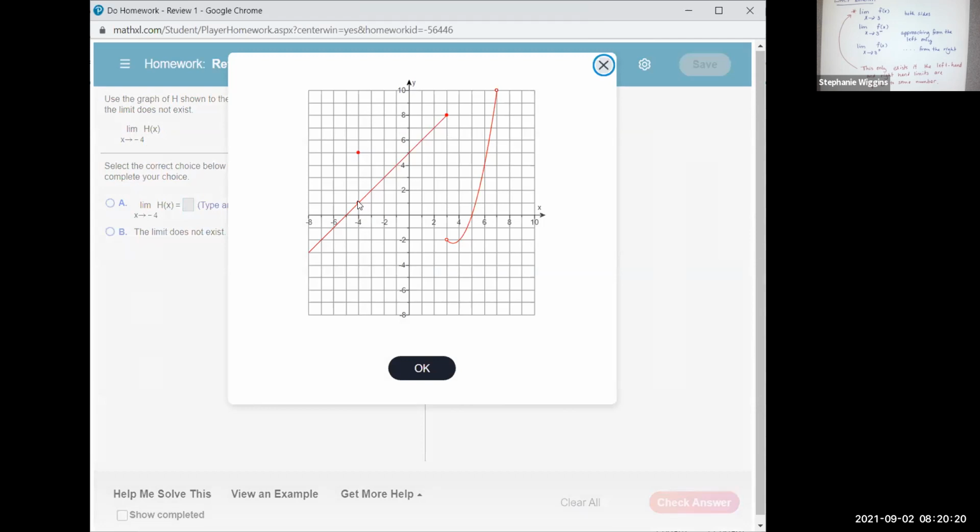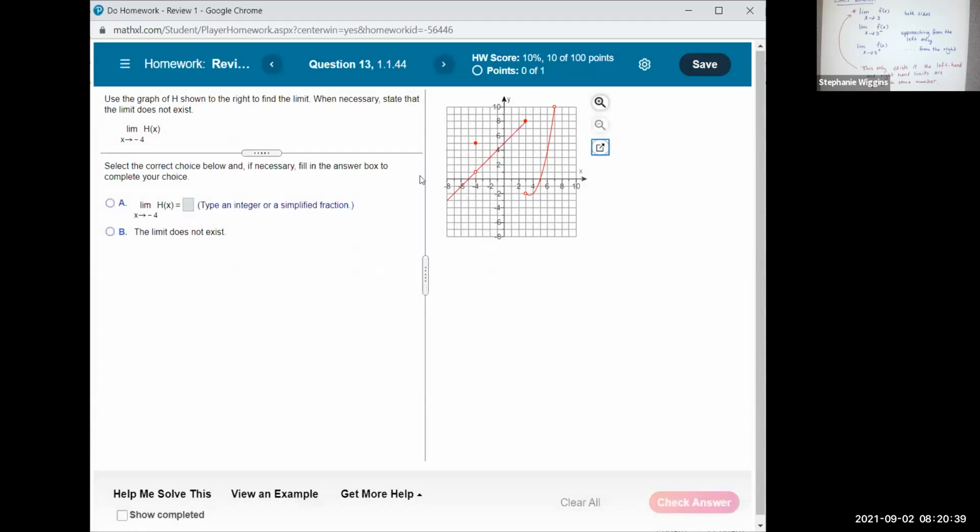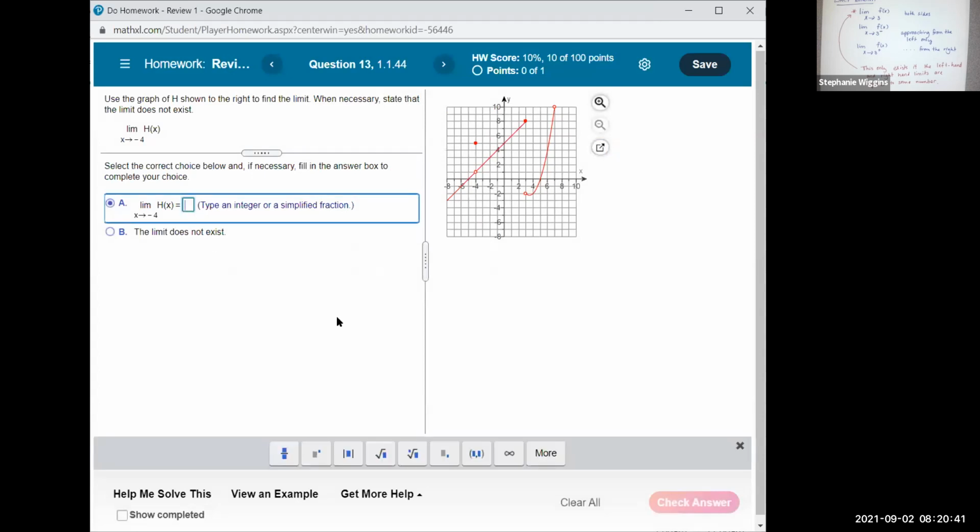For continuity, that's not okay. But for limits, it's okay. So the left and right do meet at that spot, and so the limit does exist. And the height at which we are, remember, limit values are y values. So we go over to the y-axis and the height is 1. So we have a 1 there.